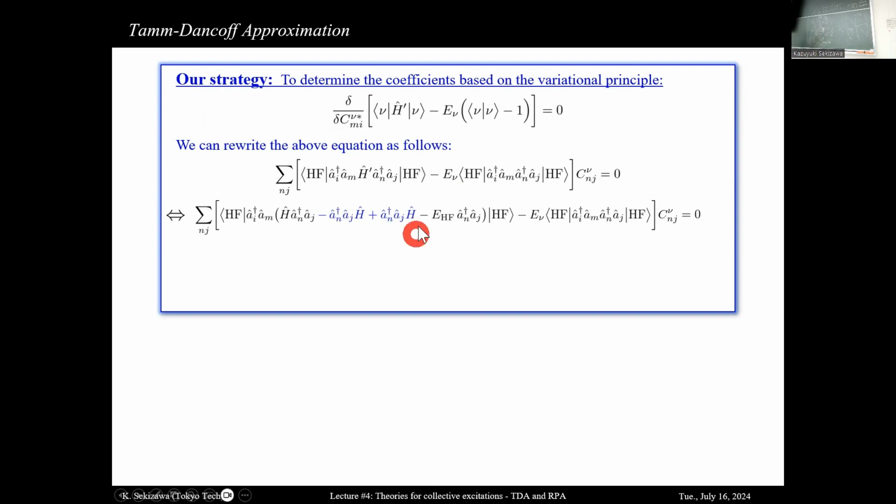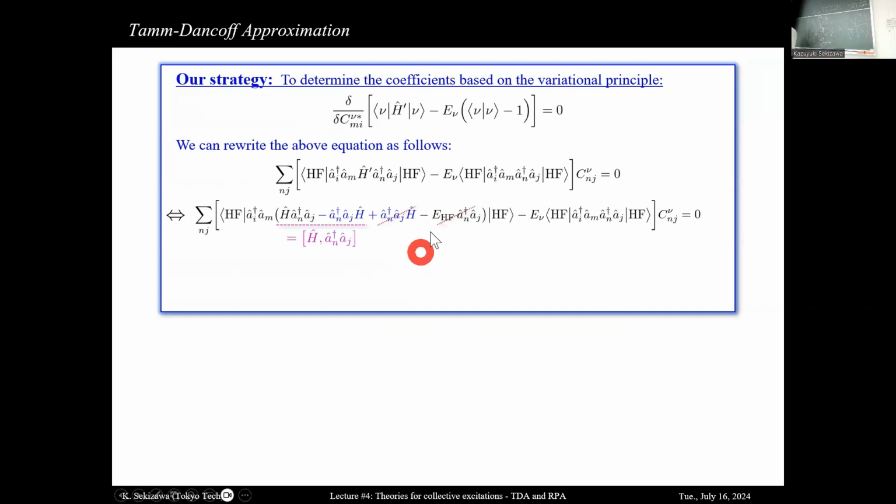Here, from H prime, I put this minus H Hartree-Fock, the energy shift I mentioned before. By operating this Hamiltonian on the Hartree-Fock state, you get E_HF, the energy of the Hartree-Fock state.